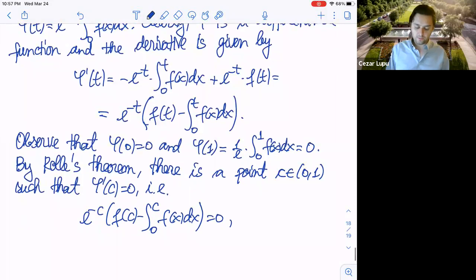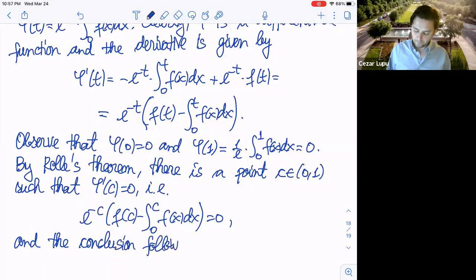And clearly the conclusion follows. And that's it. So this was the problem.